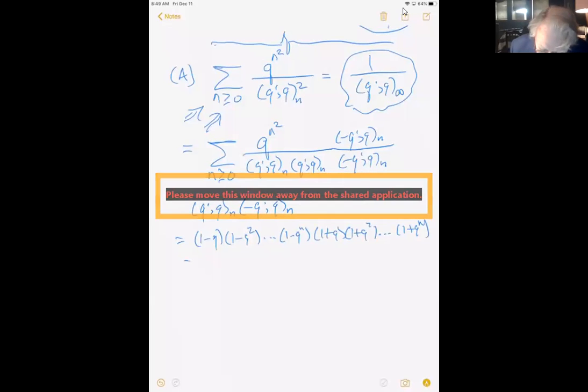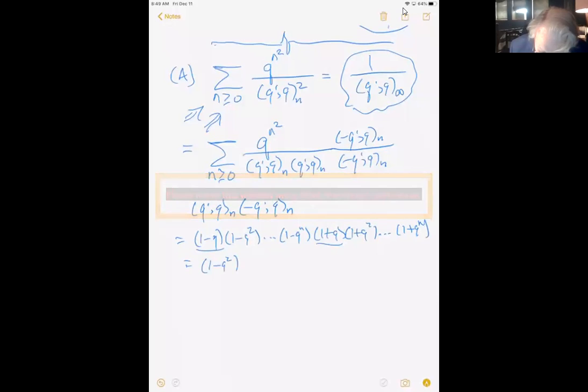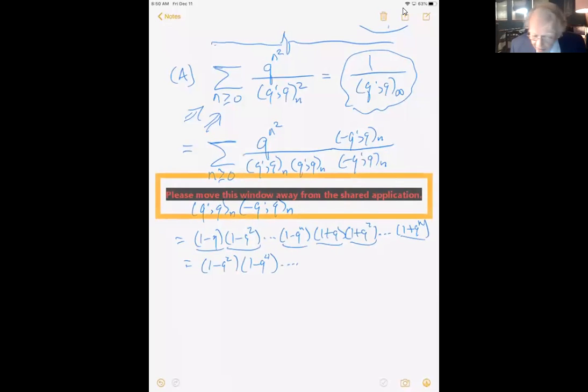And now you can combine terms. This one and this one gives you 1 minus q squared. This one and this one gives you 1 minus q to the 4th, et cetera, et cetera. This one and this one give you 1 minus q to the 2n. So that this product is q squared sub n.